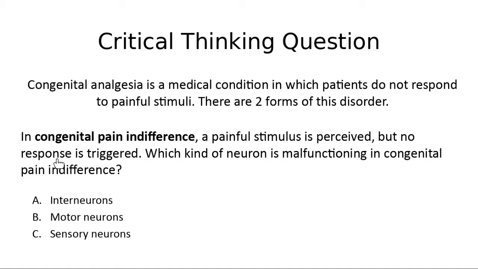Maybe it's because the motor neuron's not working, right? The interneuron says, here's what you're supposed to do. And the motor neuron's like, nah, it's my day off. I'm gonna take a pass. So it could be that we know what we're supposed to do. We've predicted the right response and we just don't do it. If that was the case, that'd be an issue with our motor neurons.